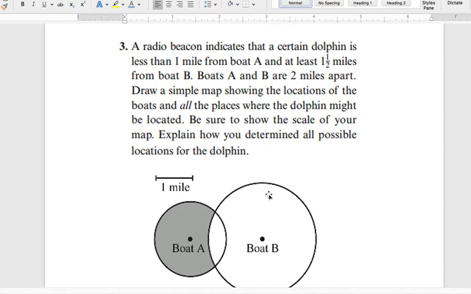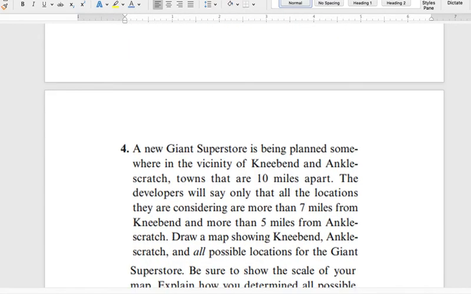So it has to be outside of B, but inside of A. Outside of B, but inside of A is this moon crescent shaped area. So less than a mile from A, but more than 1.5 from B. So that's the area where the dolphin could be. Aren't these kind of fun? I think so. Okay, one more.